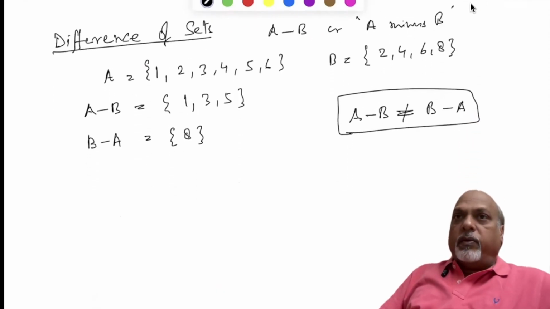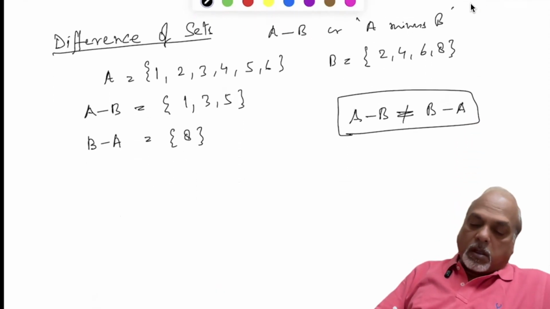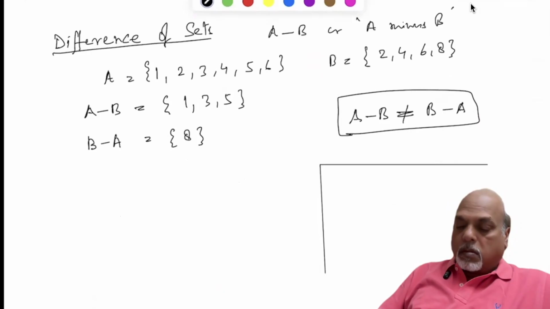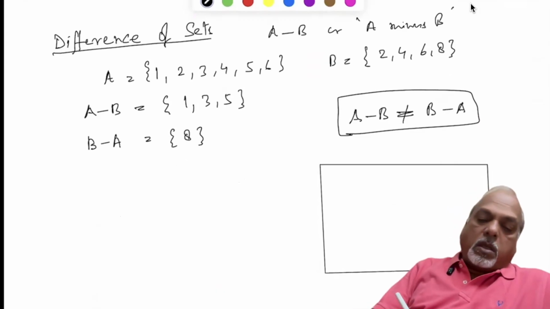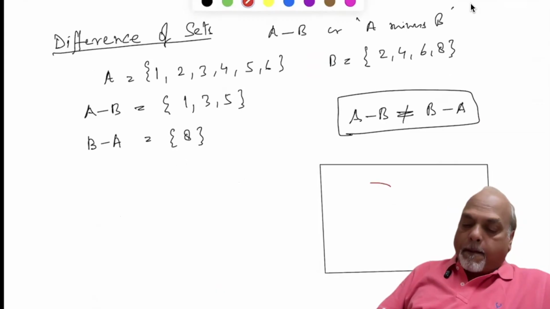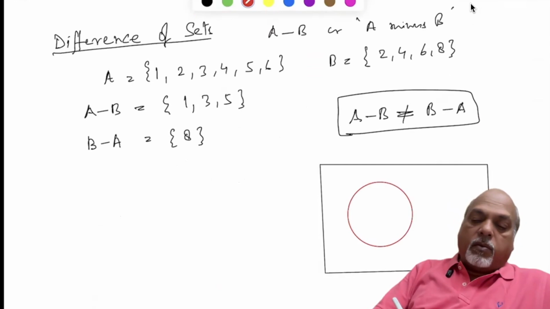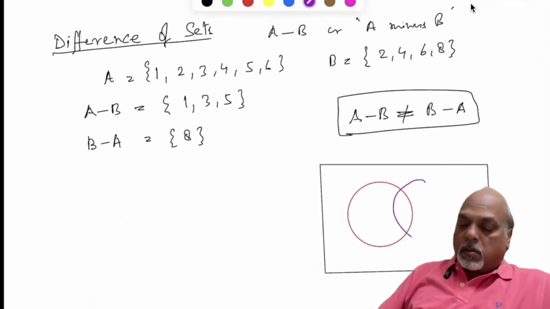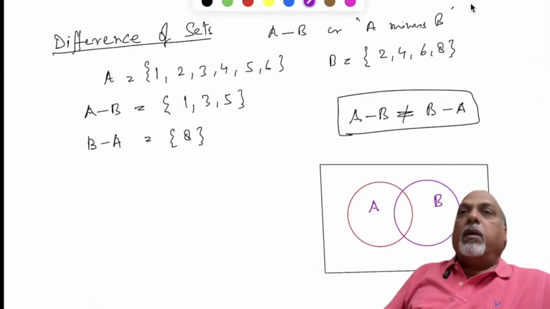Now, the Venn diagram, if you see, suppose you have A and another one, you have B. So this is your A, this is your B. Some elements are common to them.